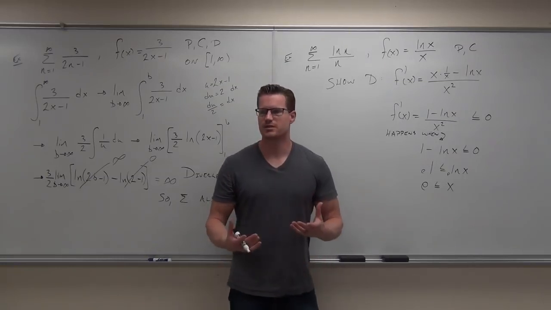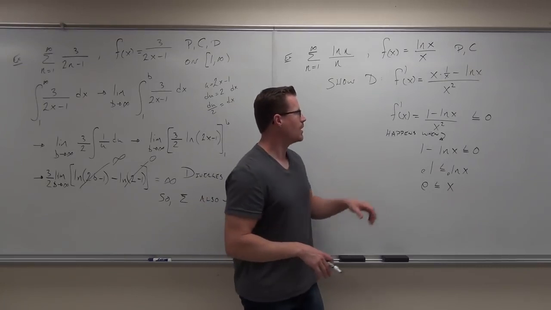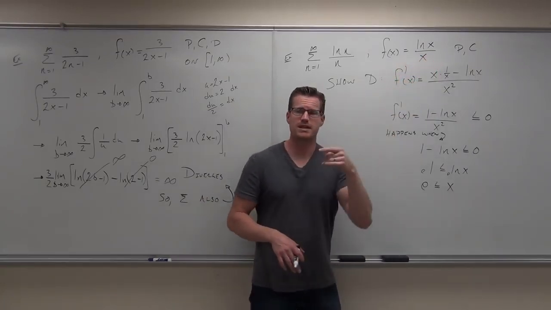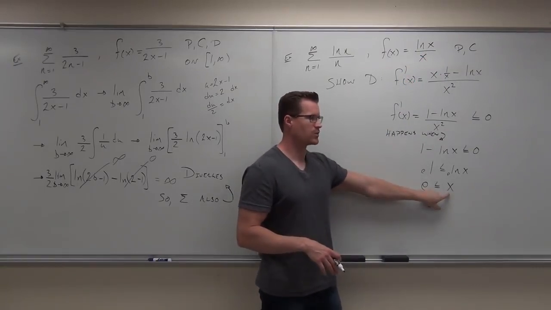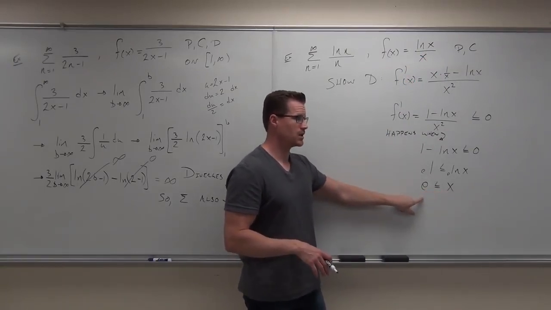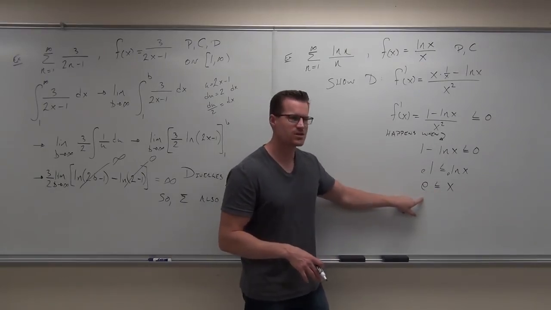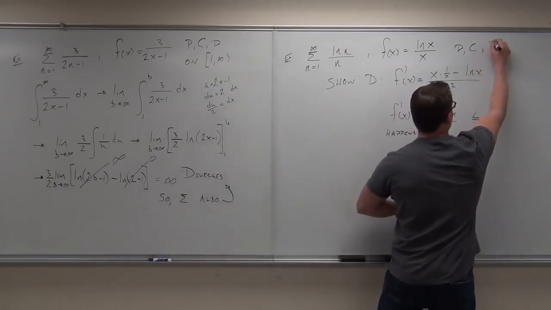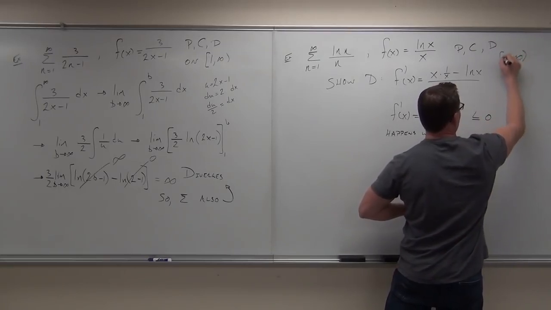Here's what this says. This function is certainly positive, it's certainly continuous. It will be decreasing as long as x is bigger than or equal to e. How much is e? 2.7 something. Then what if I made this 3? If I said this is decreasing on 3 to infinity, would it be true?